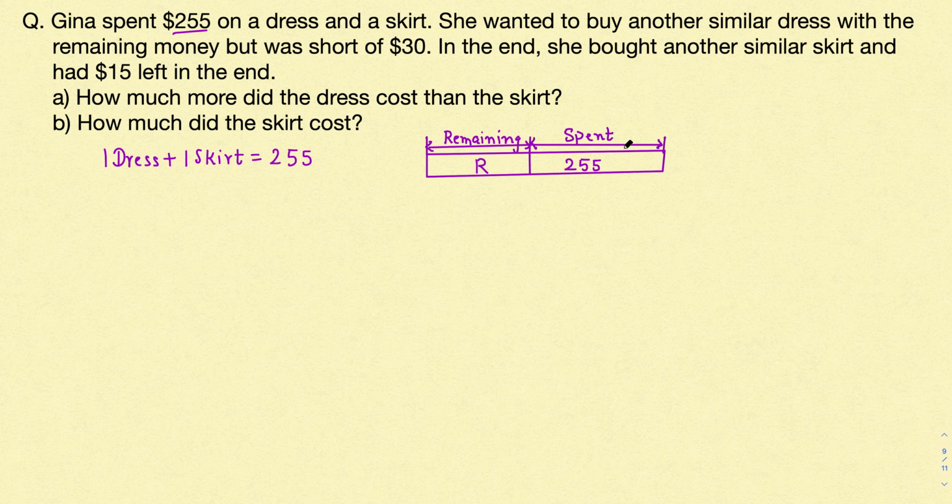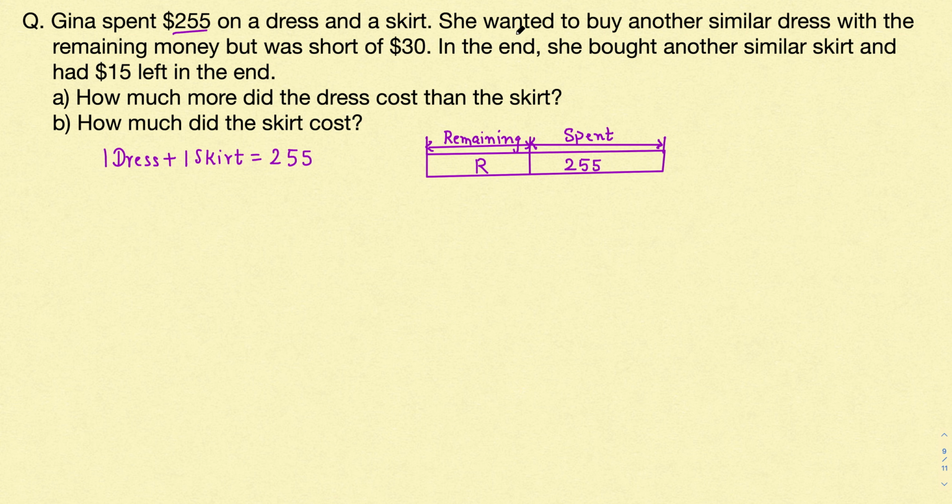So this is the total amount of money Gina is having. Out of this total, she has spent 255 on a dress and a skirt, and this is the remaining amount of money. Now we will be focusing more on the remaining amount of money from now on, because the later part of the question is mainly on this, right?